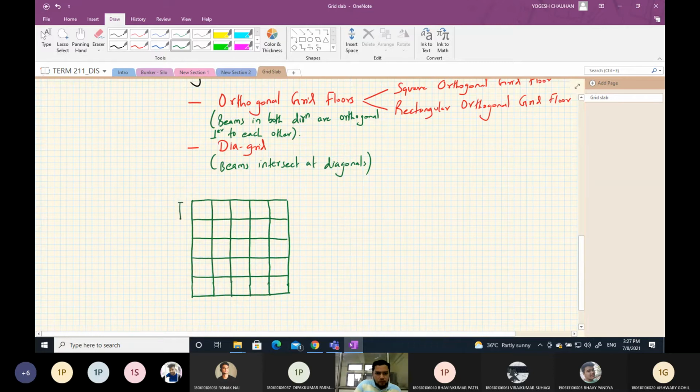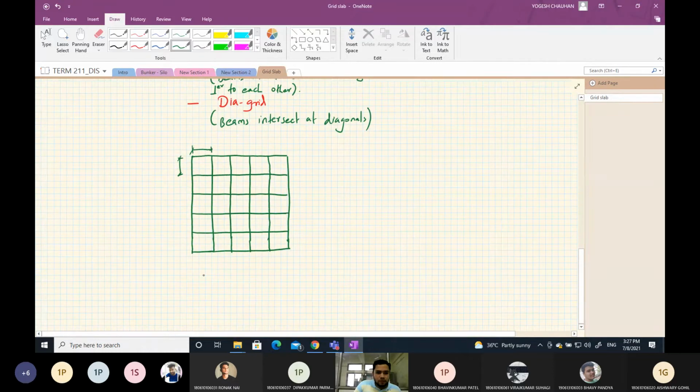In case of square orthogonal grid, the beams are perpendicular to each other. This is a square orthogonal grid floor.